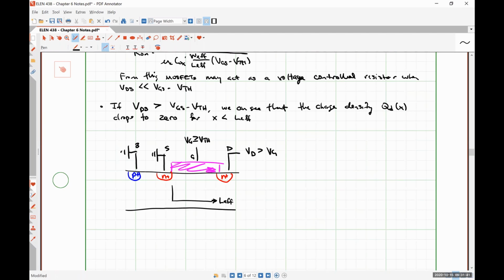If the drain potential is larger than the gate potential, then we're going to see that linear relationship that we had before, except that we're going to have pinch off, right? So in the region where VD is greater than VG, there's not going to be any negative charge stored in our inversion layer.